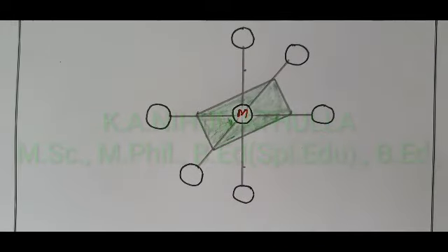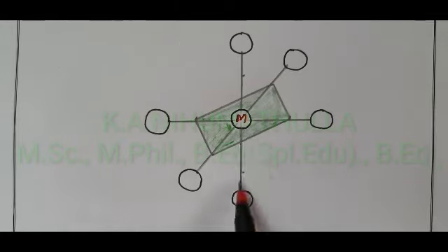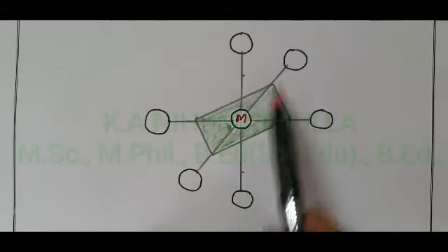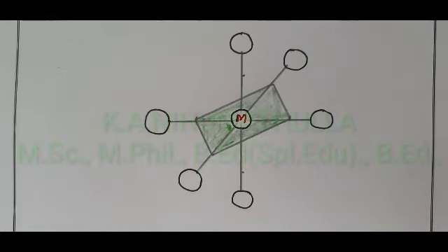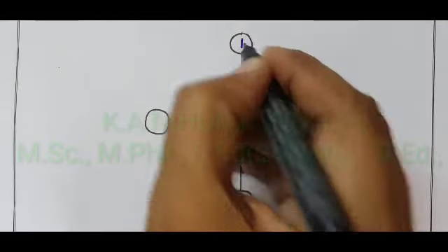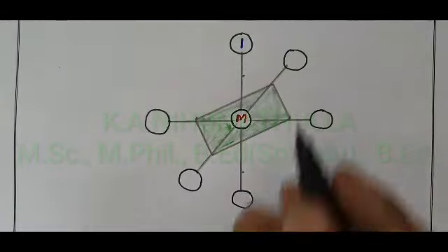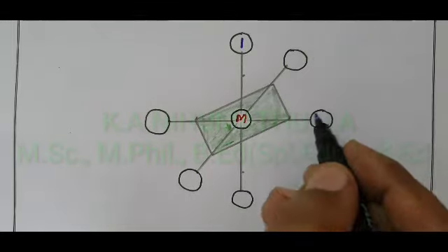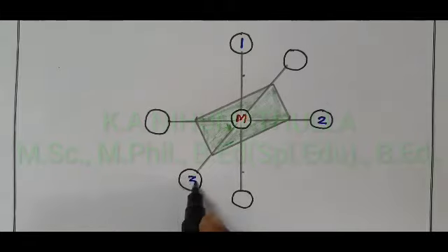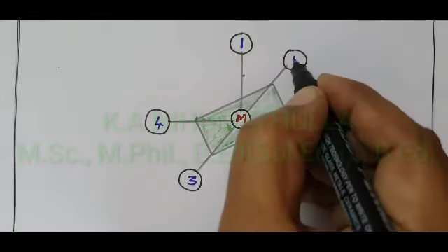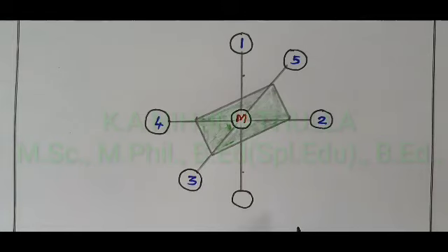All these are positions of ligands: X-axis plus and minus X, Y-axis plus and minus Y, Z-axis plus Z and minus Z. The number 1, the first position, is given to the ligand present above the plane, and then we go on with 2, 3, 4, 5, and the 6th position is occupied by the ligand perpendicular to position 1, below the plane, number 6.